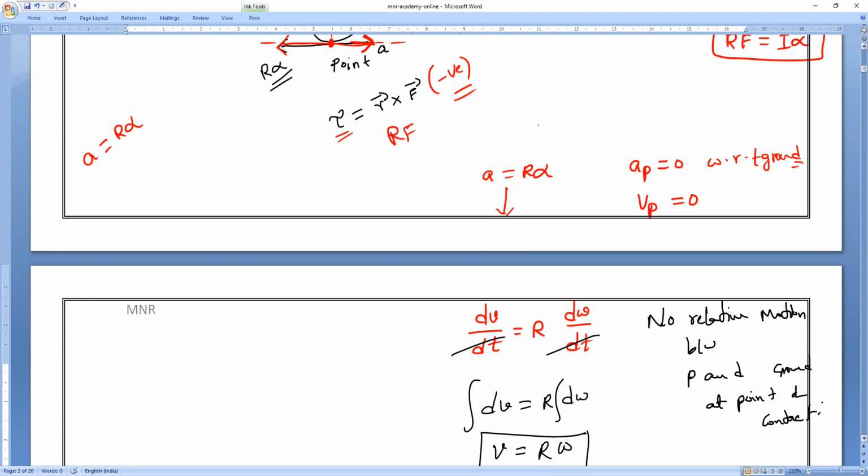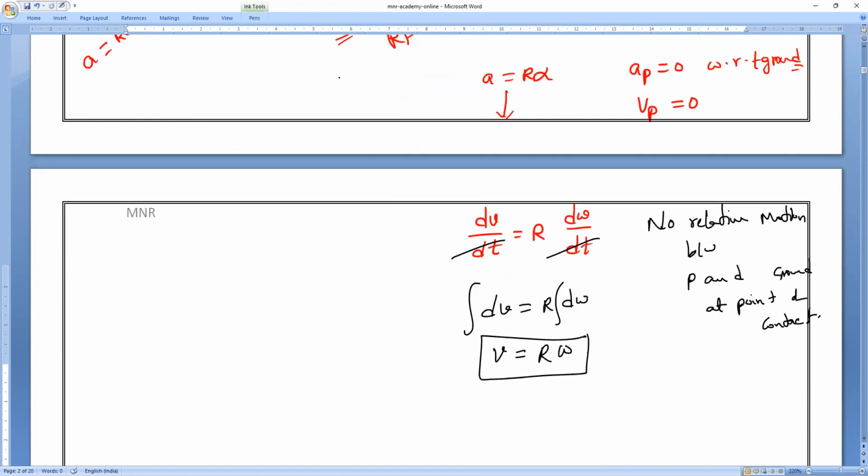If there is no relative motion from one surface to another surface, what is the friction? Friction is equal to 0. So if there is no relative motion between P and the ground, then the friction at the point is equal to 0.